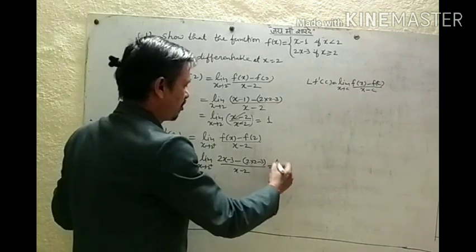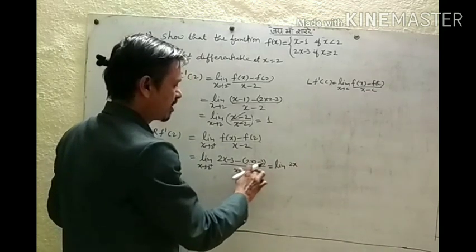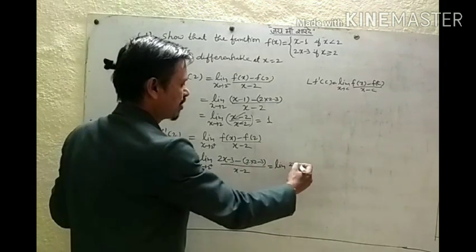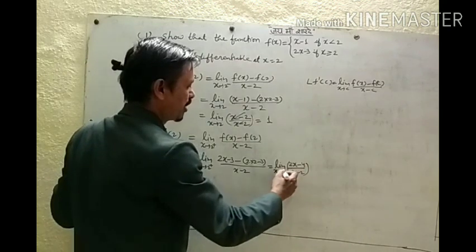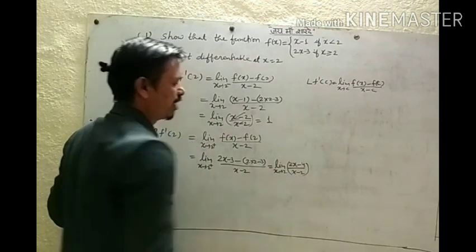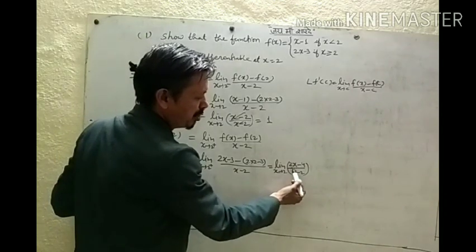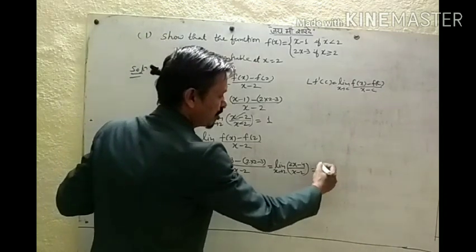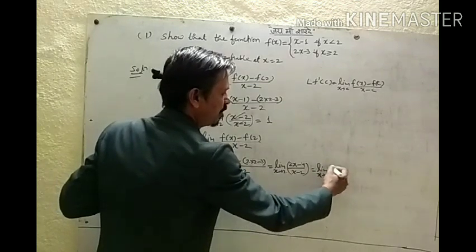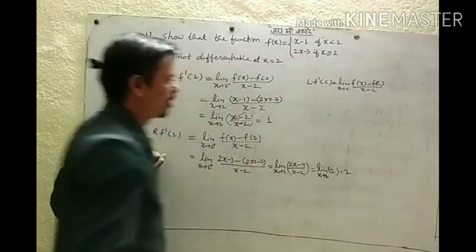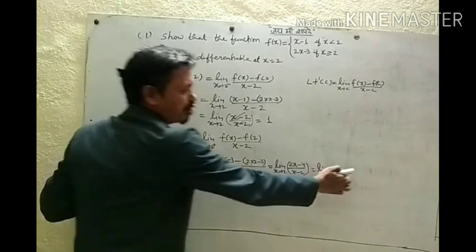So it is equal to the limit of (2x minus 3 minus 1) upon x minus 2, that is the limit of (2x minus 4) upon (x minus 2) when x tends to 2. If we take 2 common, then we get 2 into (x minus 2) upon (x minus 2). So x minus 2 cancels and we get 2 only. Its limit is 2.